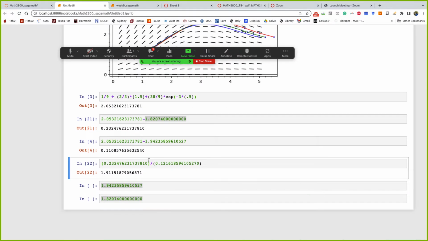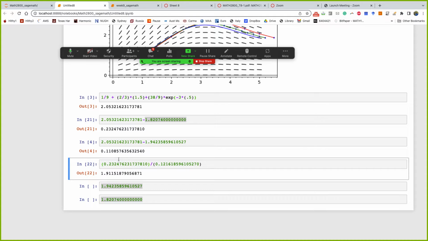We know that the local truncation error in the Euler method is big O of h squared. Therefore, the global truncation error will be big O of h.